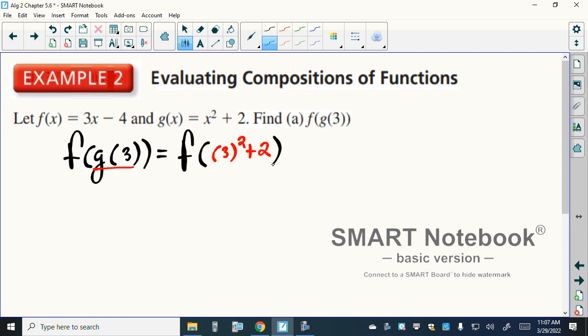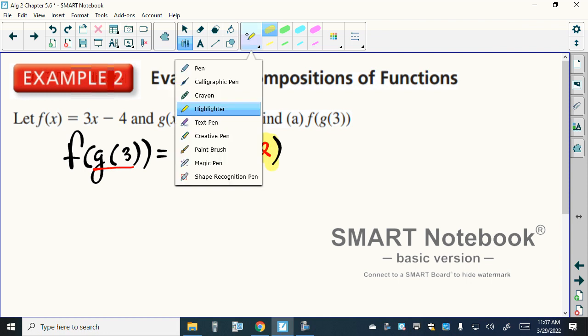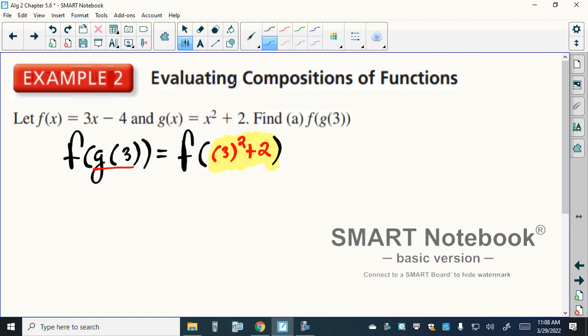Now this here looks like it might get complicated because, well, we could then plug this into f of x. But I'm going to do one step in the middle. Three squared plus 2, is all of that a number? Well, that's simplified to a single number. Yeah, 11, because 3 squared is 9, plus 2 is 11.